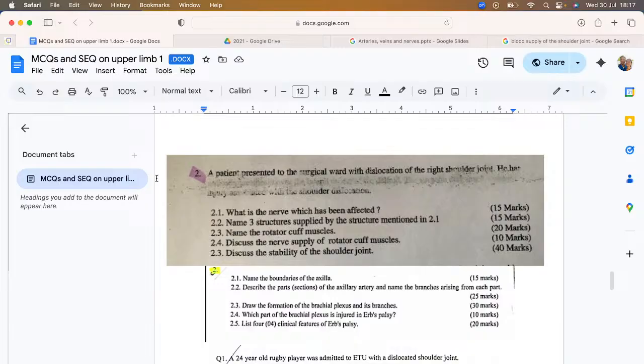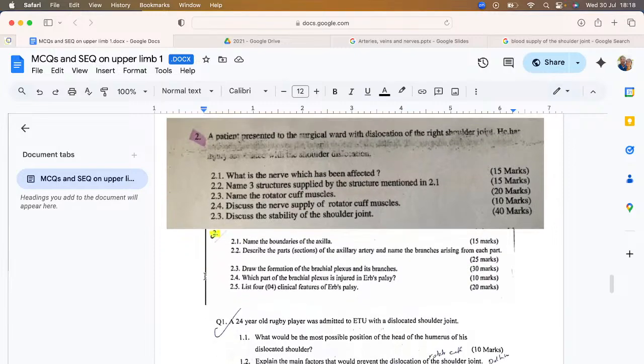So the posterior one is the muscular branch that will supply the muscles, and the anterior is the sensory supply to the skin. And then the subscapularis muscle, which I didn't mention, comes from the upper and lower subscapular nerves, coming directly from the posterior cord of the brachial plexus.